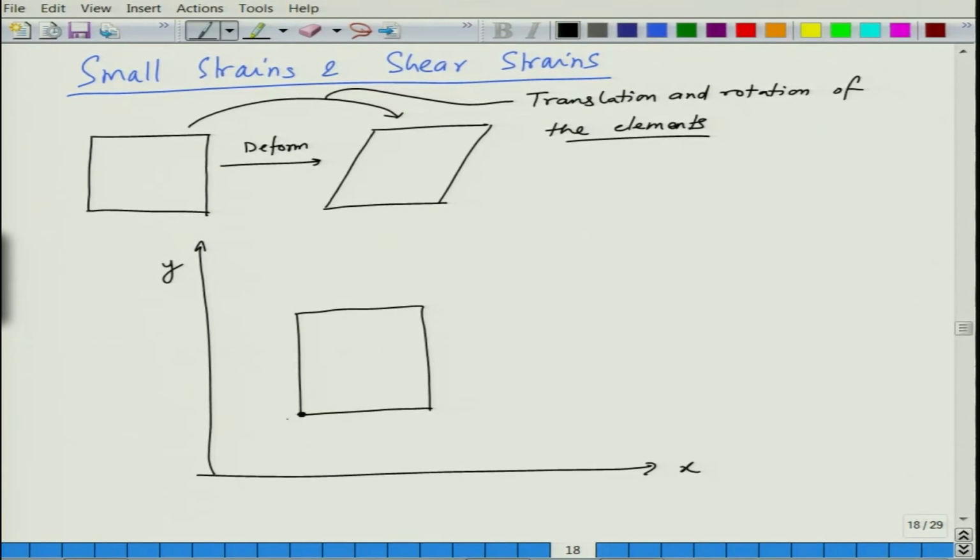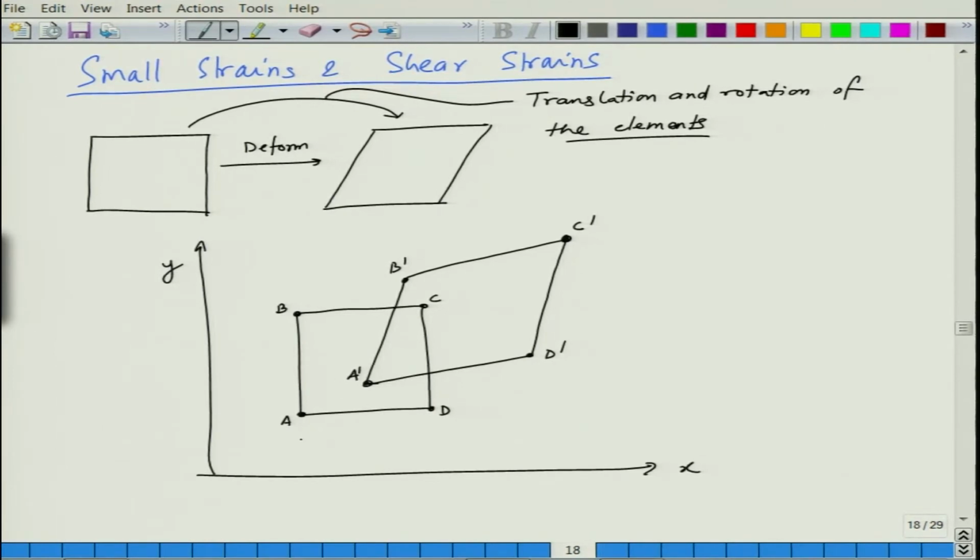We have these 4 points A, B, C, D. These 4 points get moved to, let us say, A prime, B prime, C prime and D prime.